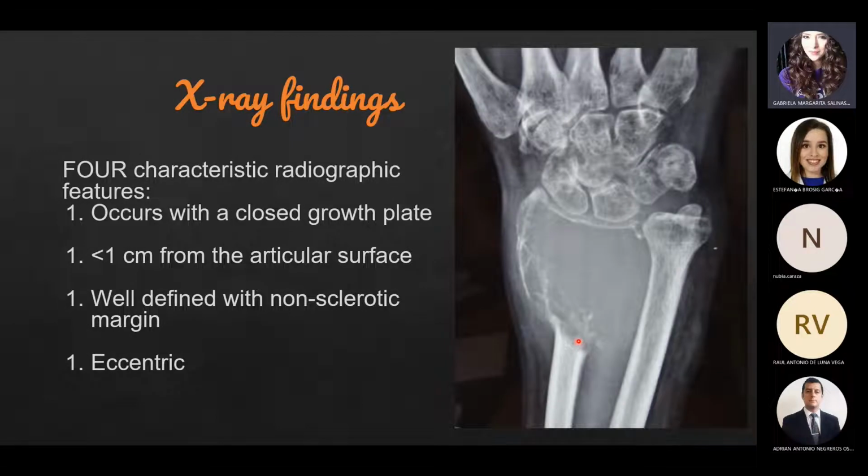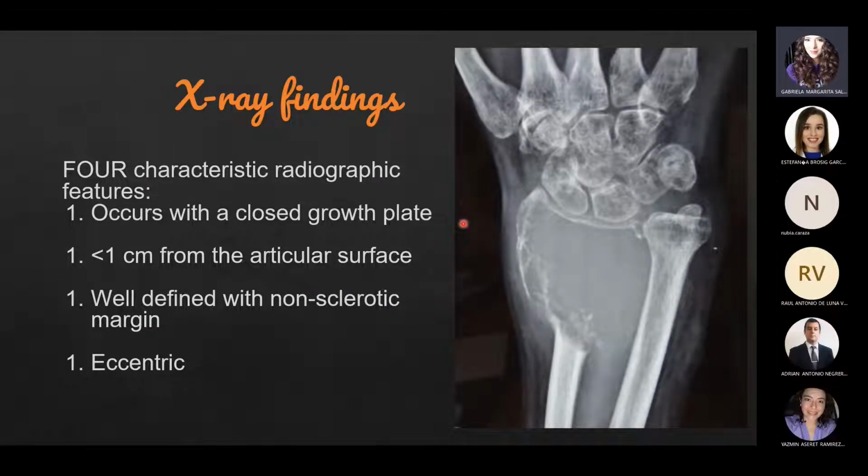And the X-ray findings, the 4 characteristics in the X-ray are that it occurs with a closed growth plate, as we already said, so it is going to happen in young adulthood. Less than 1 centimeter from the articular surface, as we can see here in this image. It is not taking the articular surface, but it is less than 1 centimeter from it.